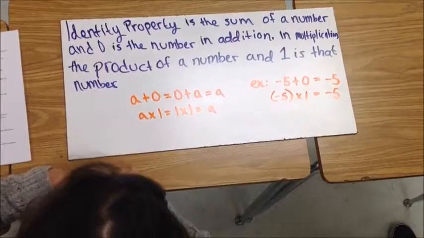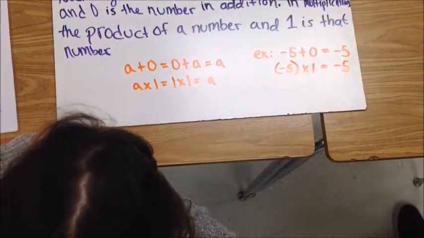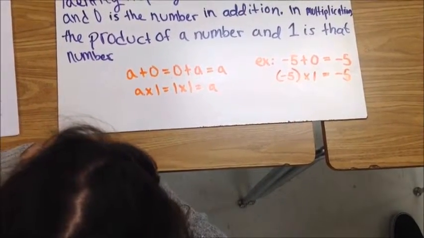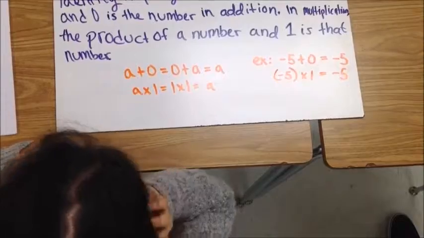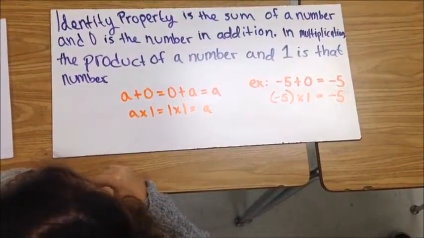For example, A plus 0 equals 0 plus A, which equals A. A times 1 equals 1 times A, which equals A. More examples are negative 5 plus 0 equals negative 5, and negative 5 times 1 equals negative 5.